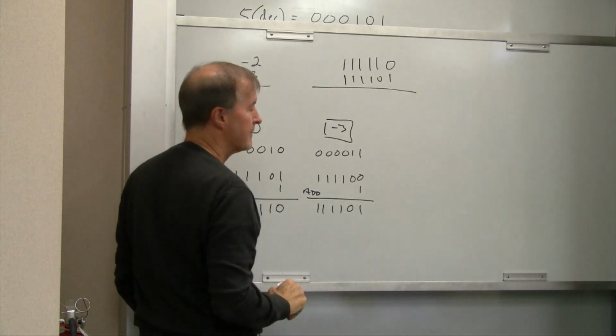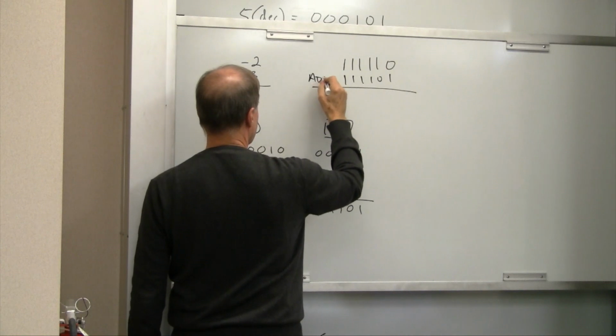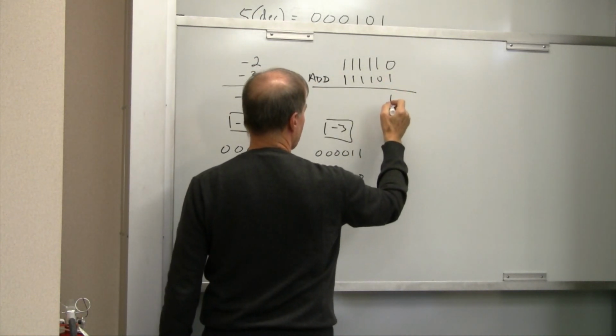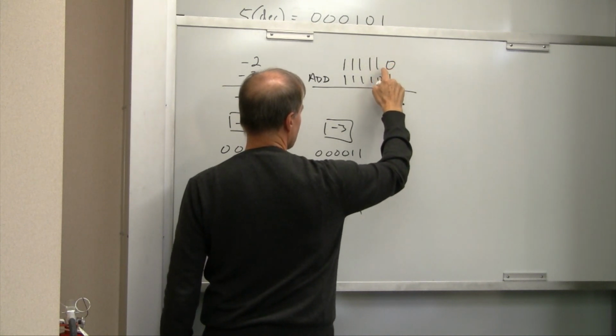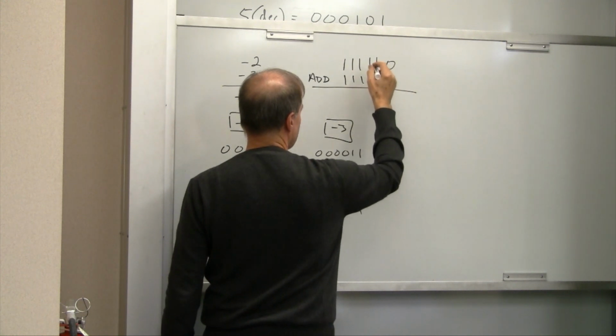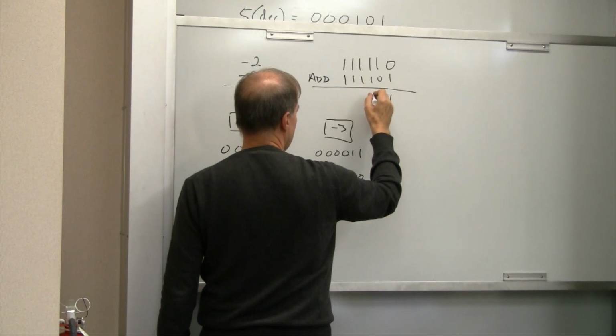All right. Let's add them. What do we get? What's 0 plus 1? Carry your what? Carry nothing. Now what's 0 plus 1 plus 0? Carry nothing. 1 plus 1 is what? 1, 0. So you write down 0, carry the 1.